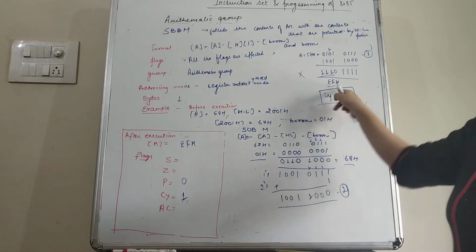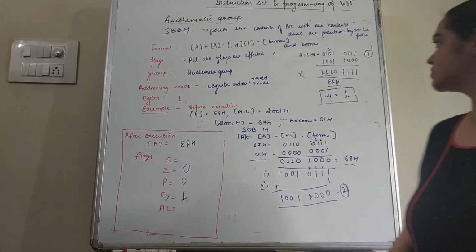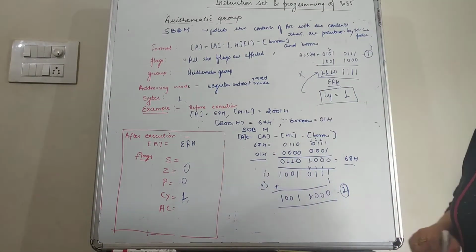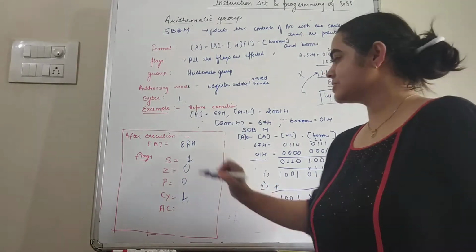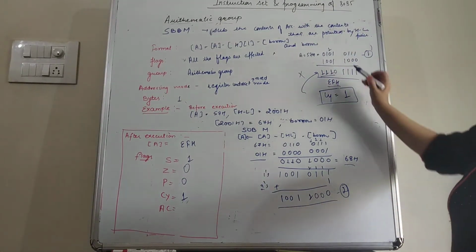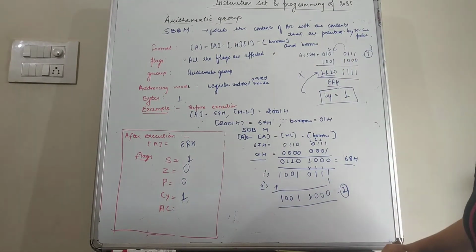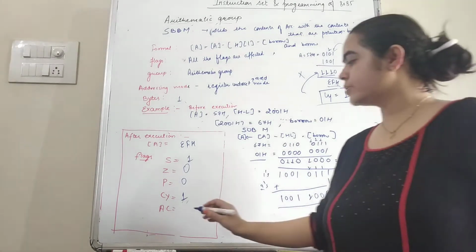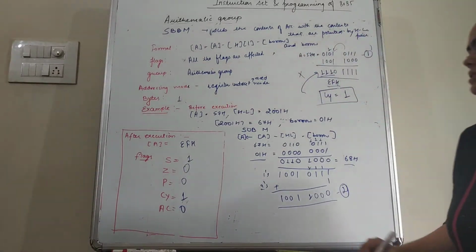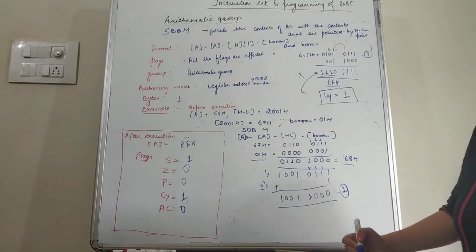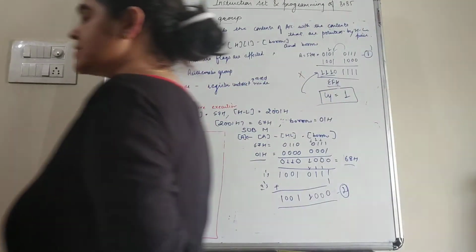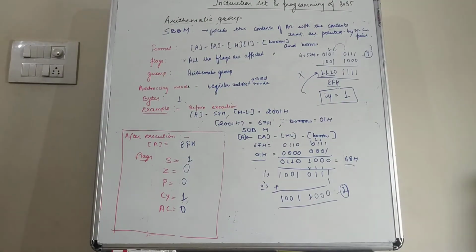The result is non-zero, that means the zero flag is 0. MSB is equal to 1, that means the sign flag is 1. Auxiliary carry: no carry is generated from the 4th to the 5th bit, that means the auxiliary carry is equal to 0. Now we can see the next instruction.